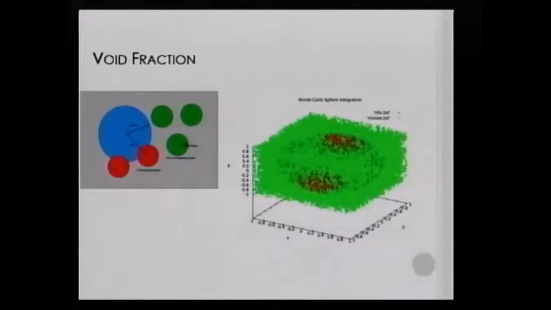The method I commonly employ is a Monte Carlo based method. You take your configuration or series of configurations, and you randomly insert probes with different radii, and you calculate the distance from the probe to the other atoms.